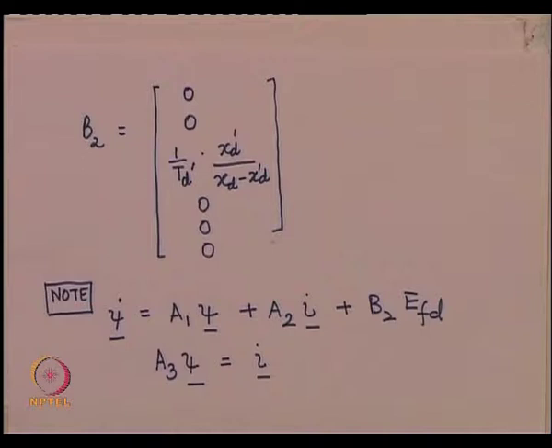Now, the only input here is Efd. Remember, Efd is the steady state voltage which appears, the line to line voltage which appears across the stator terminals if connected in star, if Vf is applied at the field winding, and this is of course in steady state under open circuit conditions, and of course Efd is in per unit.